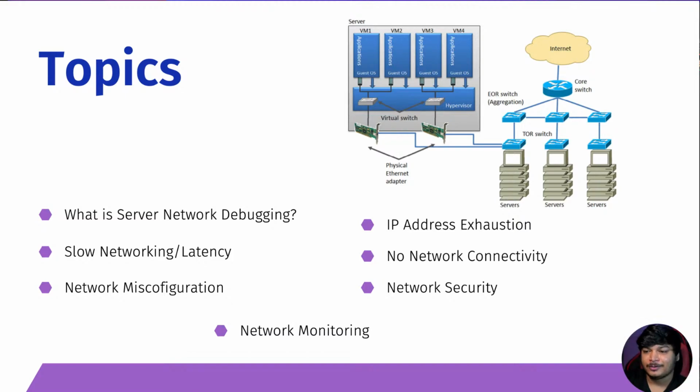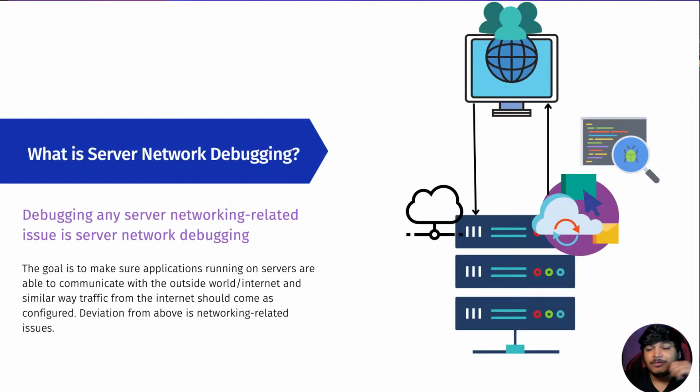Looks like everyone is joining now, so I'll just get started. The very first thing: what exactly is server network debugging? Debugging any server network related issues is called server network debugging. And what is the goal? Why do we even do server debugging? There are multiple goals, because ultimately your goal is to make sure the application you're hosting in the server accepts traffic from the internet and gives the response back to the internet.